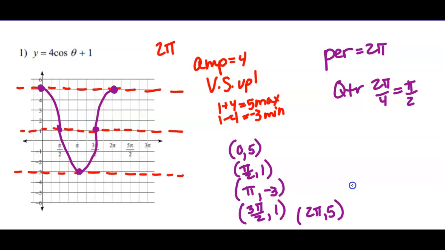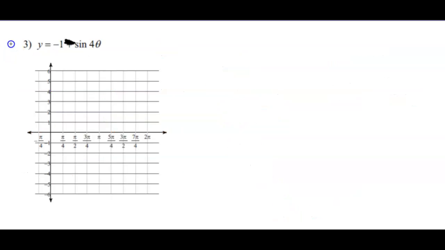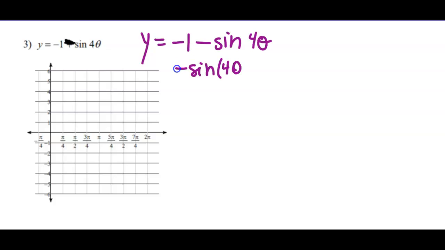Okay? Number 3, this is supposed to say negative 1 minus sine 4 theta. This is a vertical shift. We could have also written this as, okay, so this is a shift down 1. The midline is y equals negative 1.